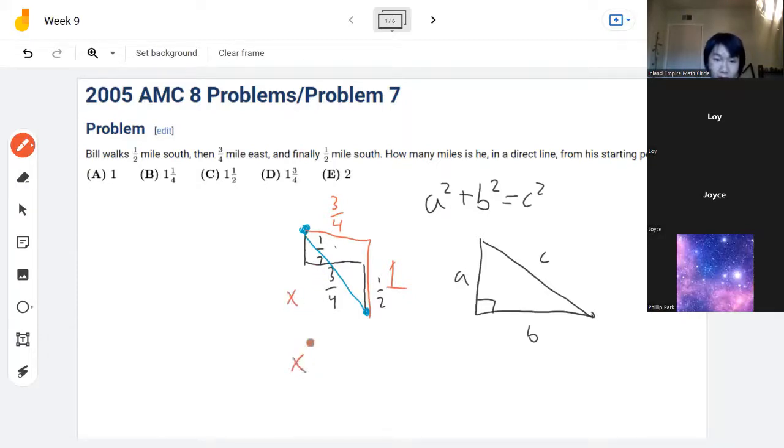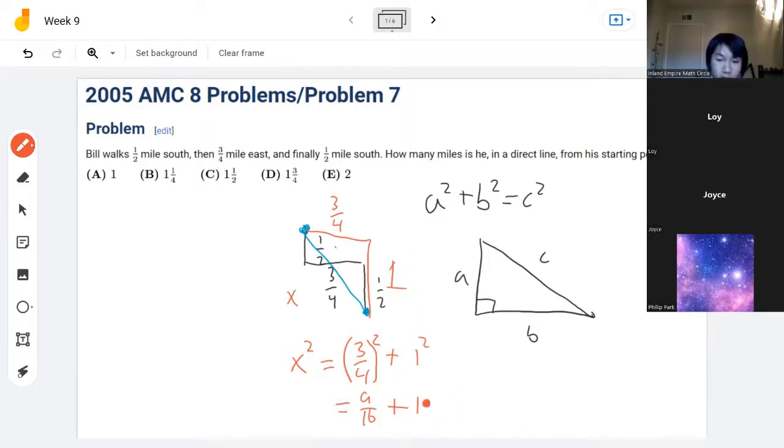So we know x squared equals 3/4 squared plus 1 squared. And 1 squared is just 1, and 3/4 squared is 9/16, plus 1.